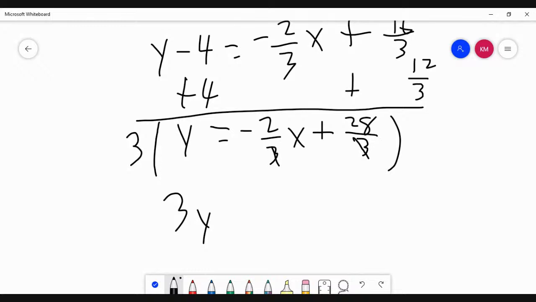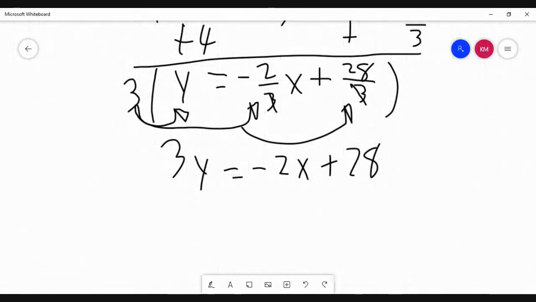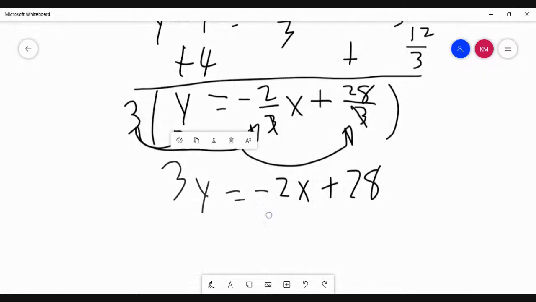Now remember, when you're multiplying the outside number by what is within the parentheses, you're distributing it to each part of the equation. So now 3y equals a negative 2x plus 28. So now all I have to do is move my 2x to the other side to get my standard form.